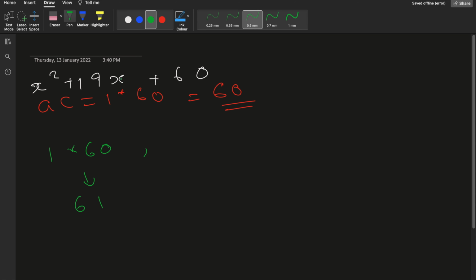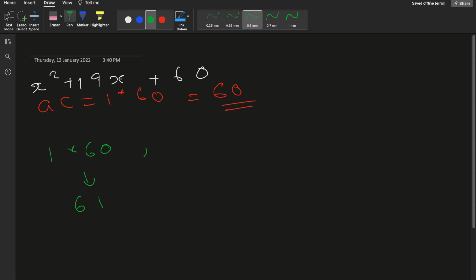Let's solve this now. x squared plus 4x plus 15x plus 60 implies x into x plus 4 plus 15 into x plus 4 implies x plus 4 into x plus 15.